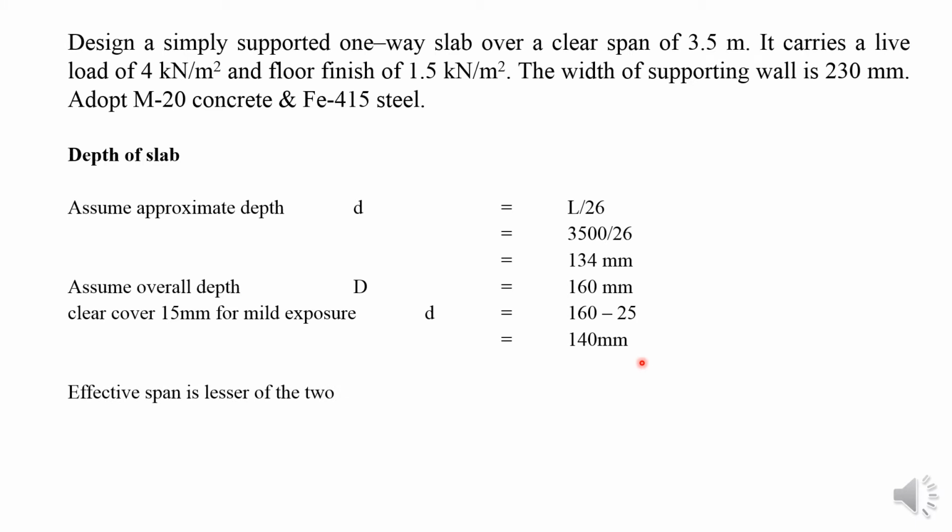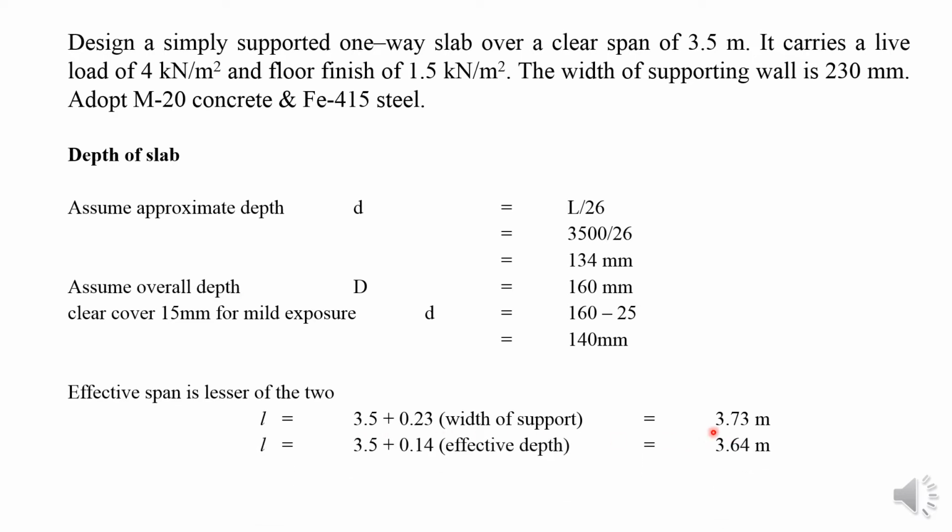Next we have to find out the effective span of the slab. Normally the effective span is the least of the following. First one, L is equal to the clear span 3.5 plus width of the support, that is 230 divided by 2 plus 230 divided by 2. So we will get 3.5 plus 0.23, that will be equal to 3.73.